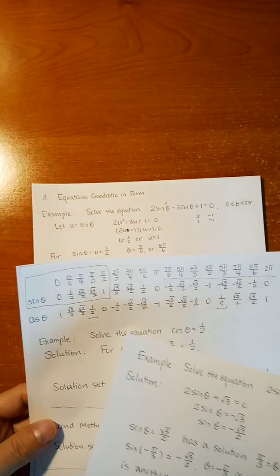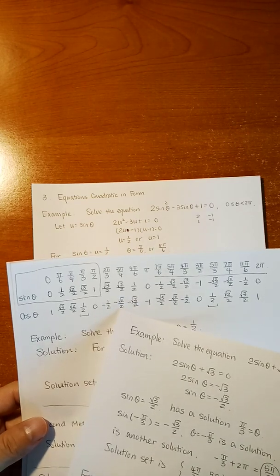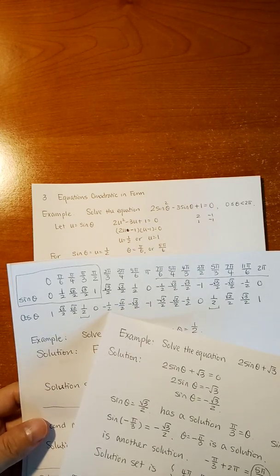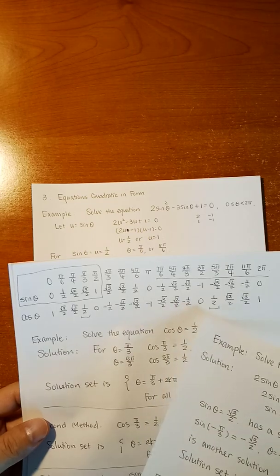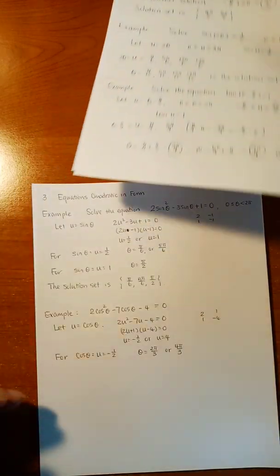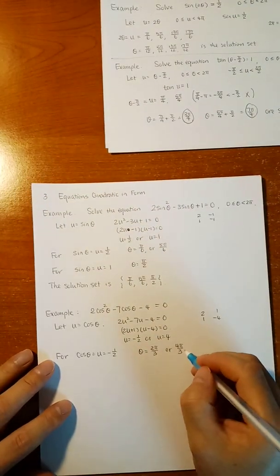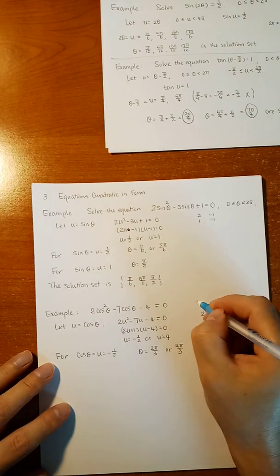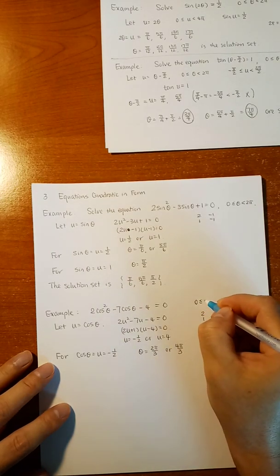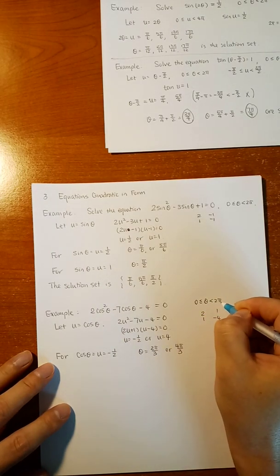Let's see the evaluation table. Negative 1/2 and 1/2 are here, 2 pi over 3 and 4 pi over 3. That's good, and theta is between 0 and 2 pi.